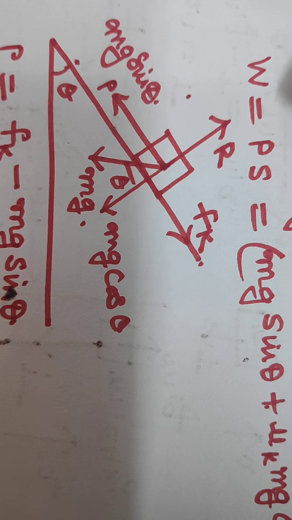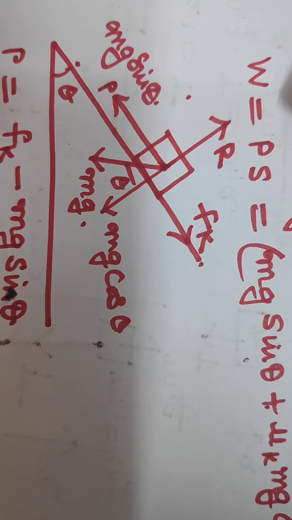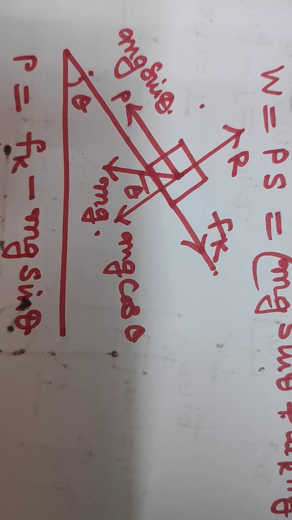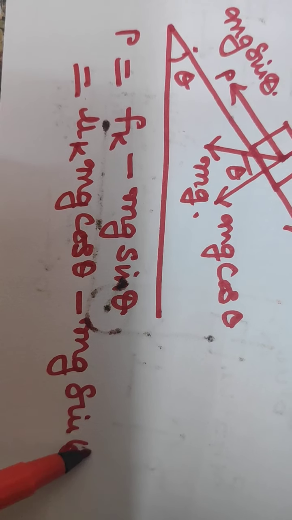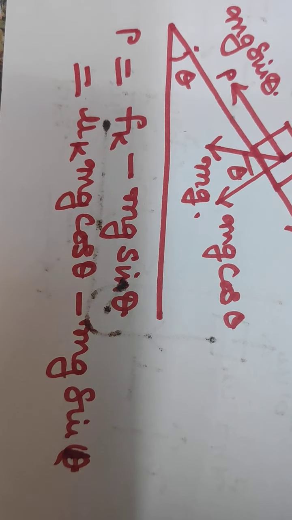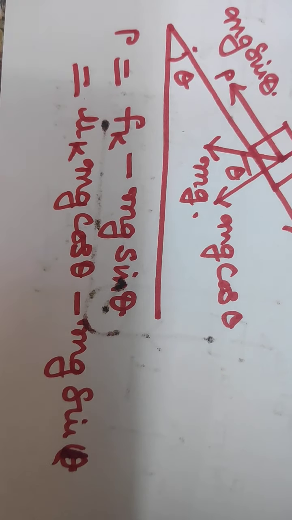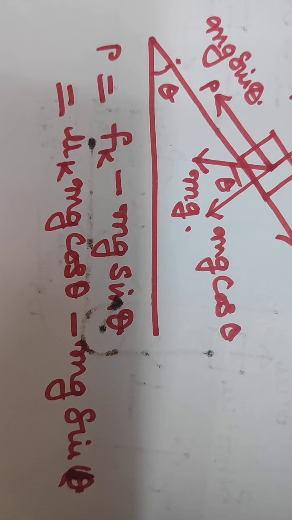This is the applied force needed to just move the body down the inclined plane. So P equal to Fk minus mg sin theta, that is mu k mg cos theta minus mg sin theta. And work done, again, we multiply it by S.